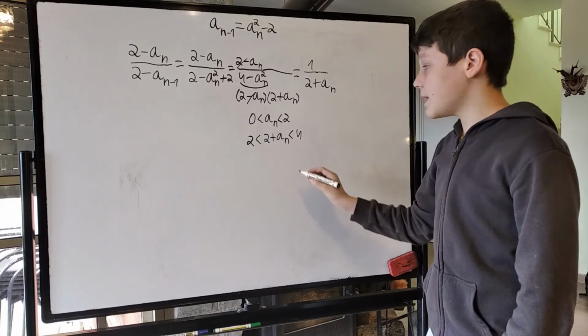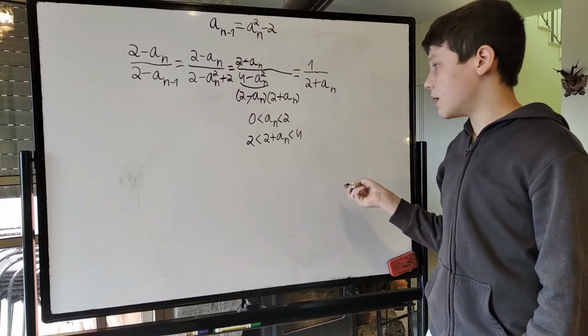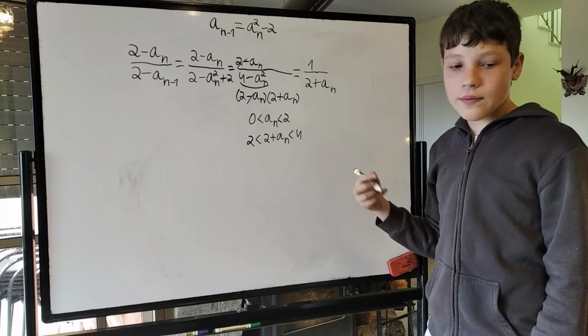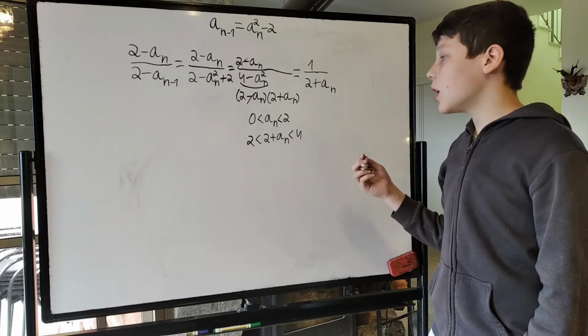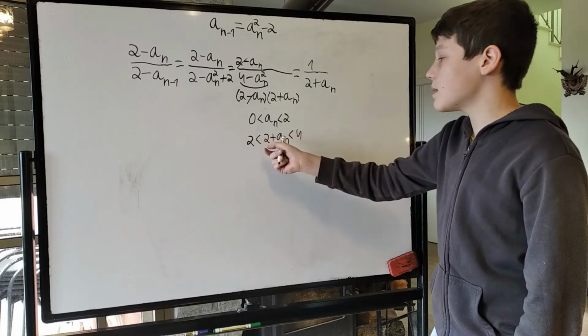And then when we take the reciprocal, because all of these are positive numbers, we don't have to think about it too much. All we need to do is take the reciprocal of each one of these and flip the signs.